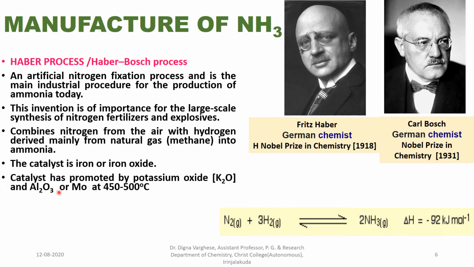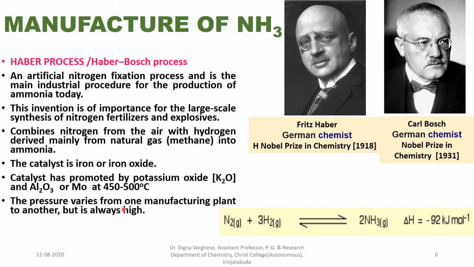The catalyst is promoted by using promoters such as potassium oxide and alumina or molybdenum. The reaction temperature condition is 450 to 500 degrees Celsius. The pressure varies from one manufacturing plant to another, but it is always high, about 100 to 1000 atmospheric pressure.